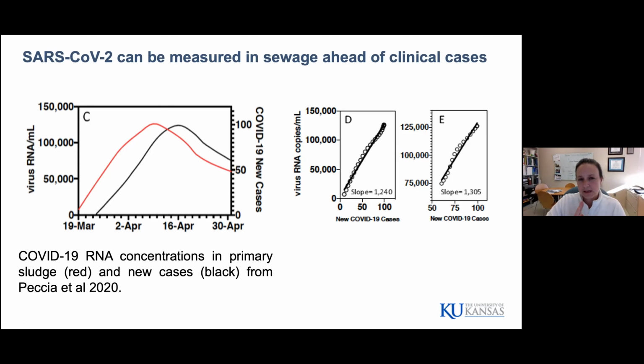The idea is that you could detect the virus in wastewater up to a week before people were symptomatic and asking to be tested. That gave a lot of hope for public health, so that we would have a little bit of lead time. A lot can happen in a week.